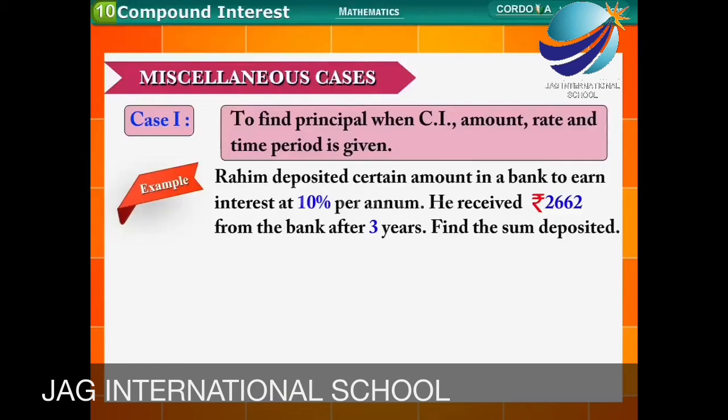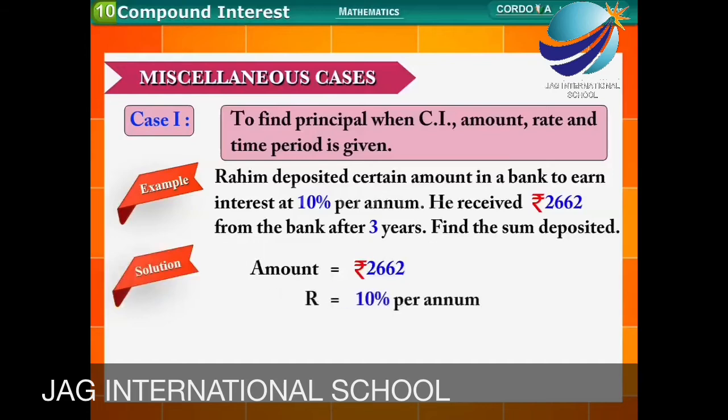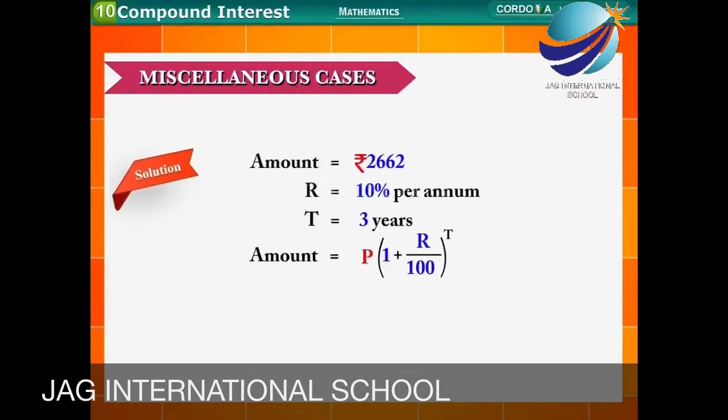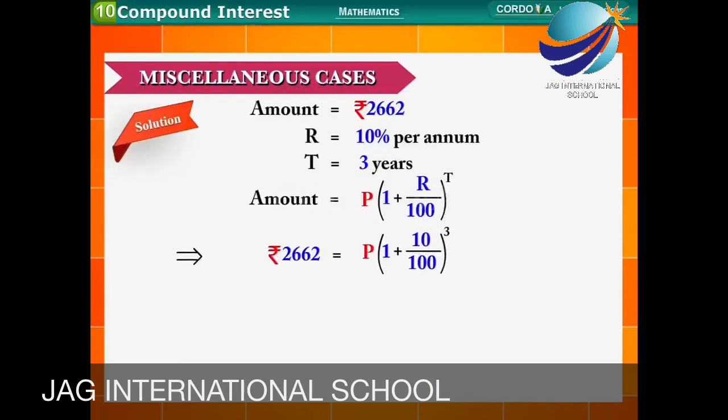Find the sum deposited. Solution. Amount Rs 2,662. Rate 10% per annum. Time 3 years. Amount is equal to P into (1 plus R upon 100) raised to the power T. This implies Rs 2,662 is equal to P into (1 plus 10 upon 100) cube.